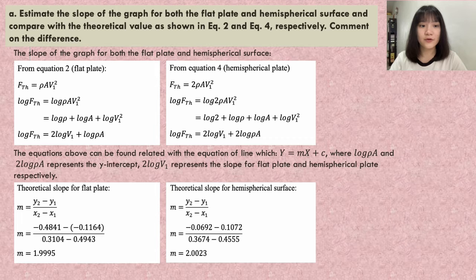The equations can be related to the equation of a line, y equals mx plus c, where log rho A and 2 log rho A represent the y-intercept, and 2 log V1 represents the slope for the flat plate and hemispherical surface respectively. For the theoretical slope for both, we will be using the equation m equals y2 minus y1 over x2 minus x1.